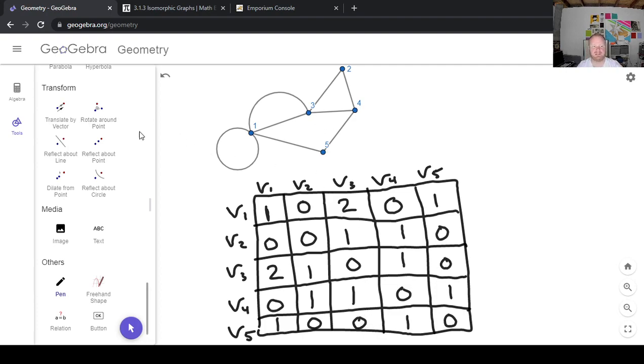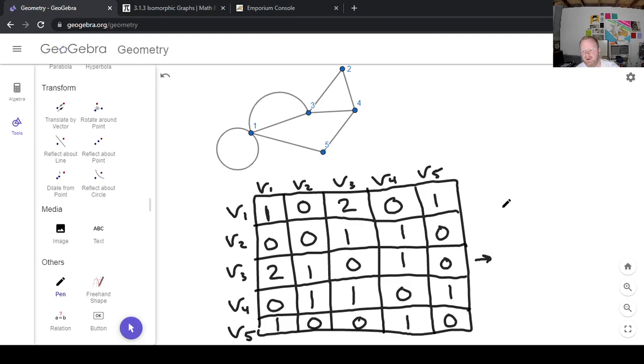So this is a table we can use, but the adjacency matrix is just a little bit more compact of a form for this. We assume that once we've labeled our vertices 1, 2, 3, 4, and 5, they're going to be in this order and they're going to look like this.